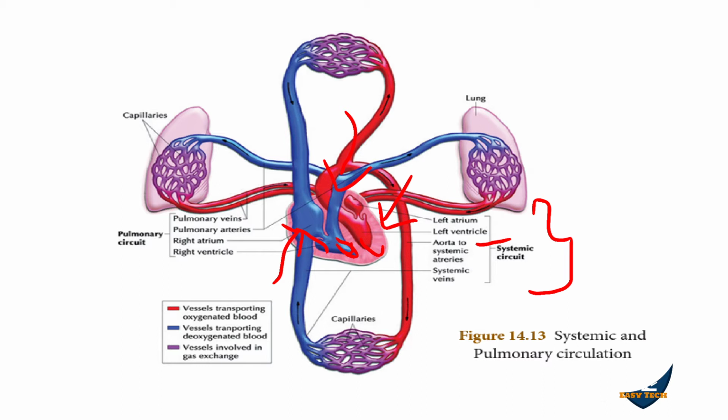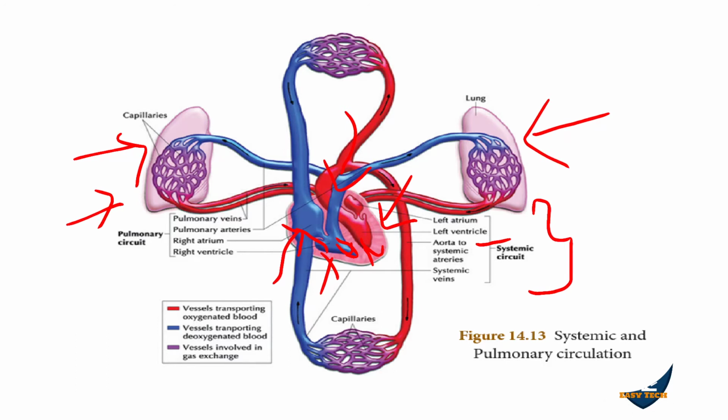Here you can see the lungs. First the impure blood reaches the right atrium or auricle, and then it reaches the right ventricle. From there, the pulmonary artery takes the deoxygenated blood to the lungs for purification.